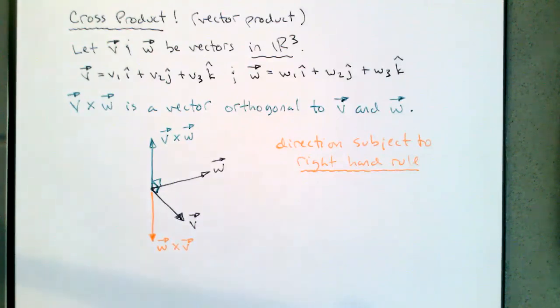Another important takeaway, especially in multivariable calculus, where we might want to find, let's say, the equation of a plane tangent to a surface at a given point: note that we can describe a plane with a single vector.